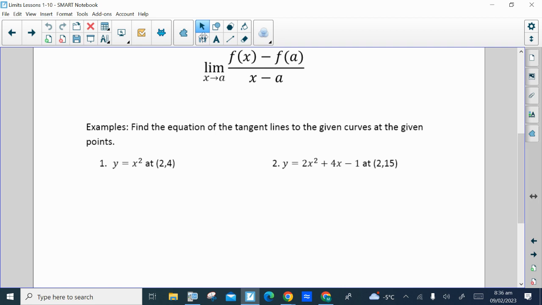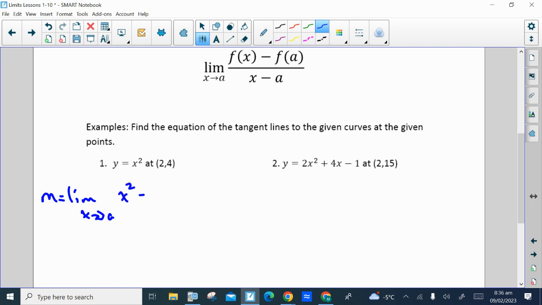So again, m, which is the slope of the tangent, can be found by taking the limit as x approaches a of f of x, which is x squared, minus f of a, which we're already given. That is the y value at the point of tangency.